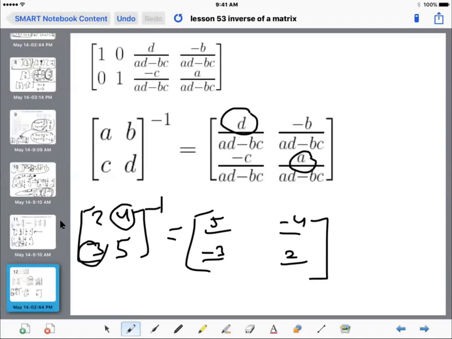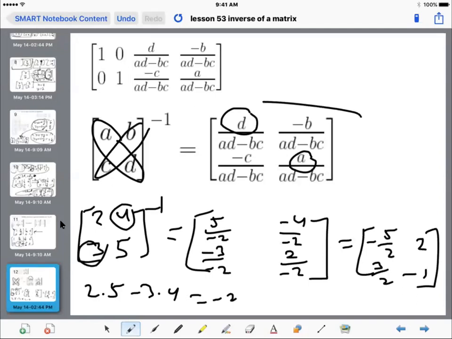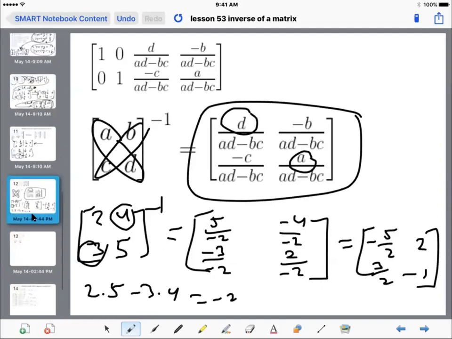And all the denominators are AD minus BC, which is 2 times 5 minus 3 times 4, which is negative 2. As you can see, that turns into the answer: negative 5 over 2, 3 over 2, 2, and negative 1. So for sure, this formula is going to come in handy.